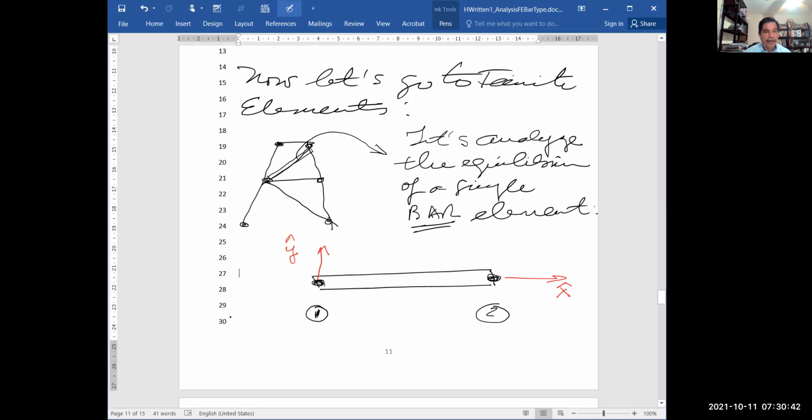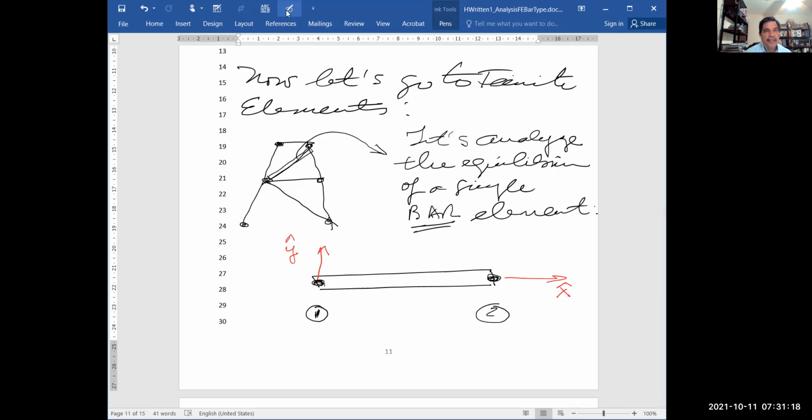On this element, I am not going to be interested in what happens in between these joints. This is a discretization. We are only going to be interested in what happens at the joints. So if we have something here, we are going to transform that into equivalent loads to be applied in the joints here and here.